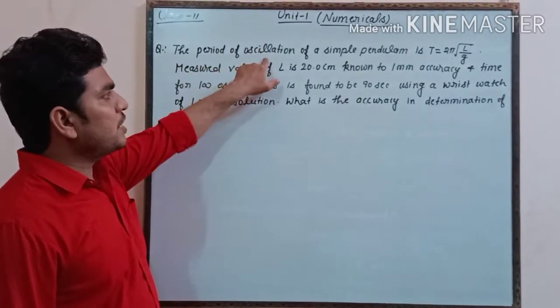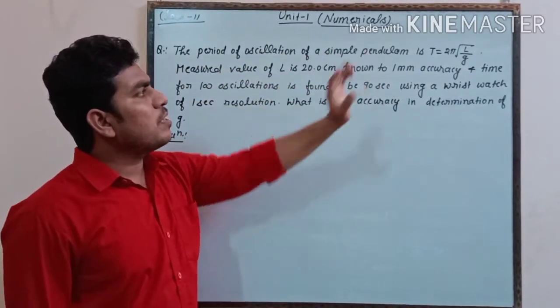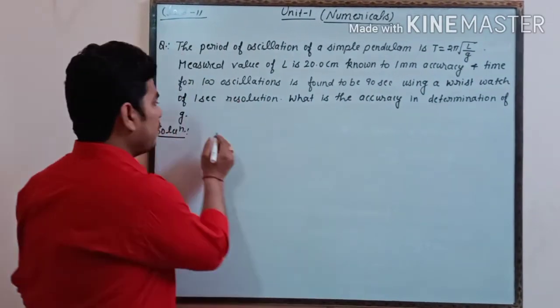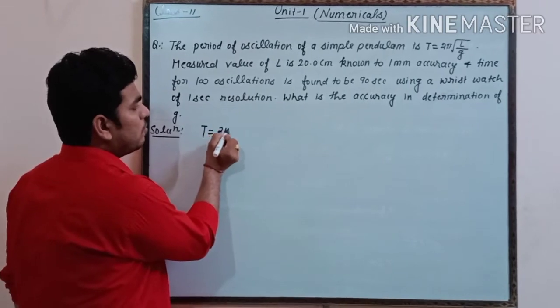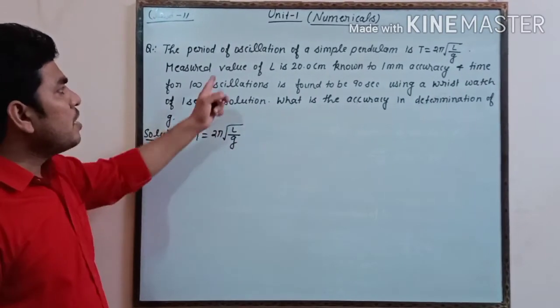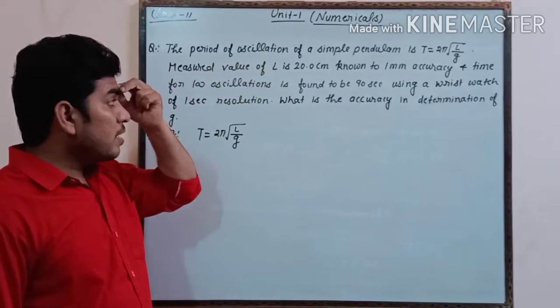The period of oscillation of a simple pendulum is this. Simple pendulum का period of oscillation ये given है आपको. That is T is equal to 2 pi under root L upon g. Measured value of L is 20 centimeter.